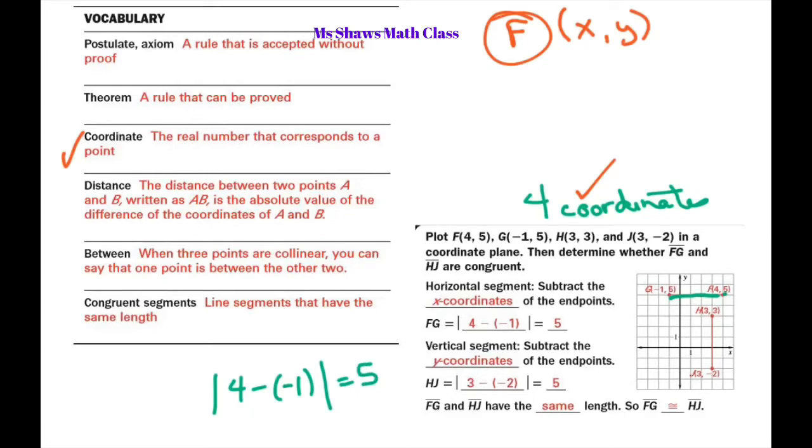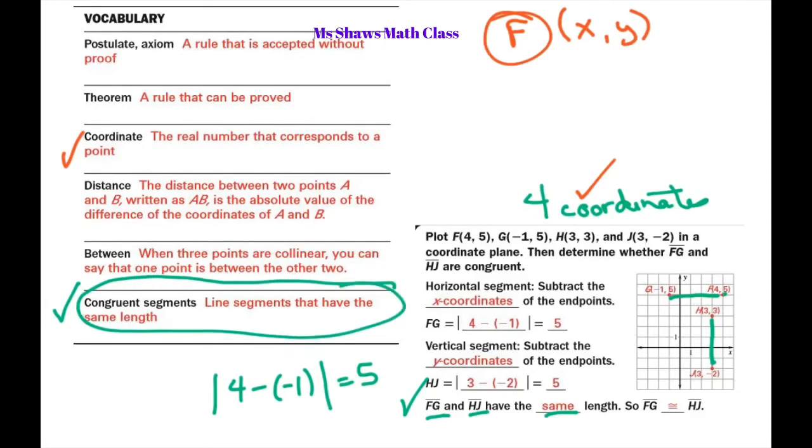Then you can do the vertical one here and do the same thing. It's already been done for you. Since FG and HJ have the same length, that means they are congruent. That means line segments that have the same length.